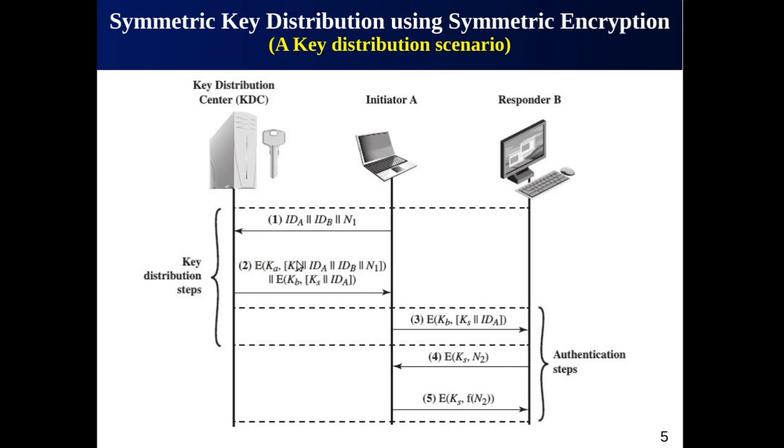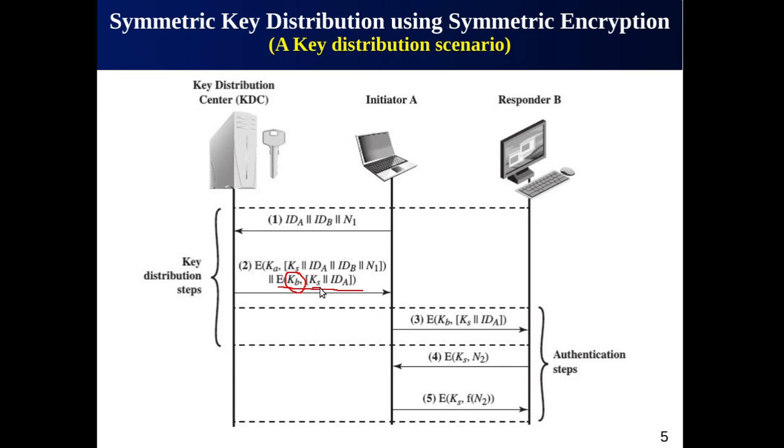Besides this, we also have another encrypted message, and that message is encrypted with the master key of B, which means only B would be able to decrypt this message. Although this message would be received by A, A would not be able to decrypt it because it has been encrypted using the master key of B. What else do we have inside this message?